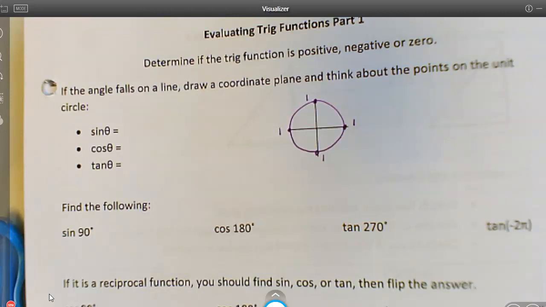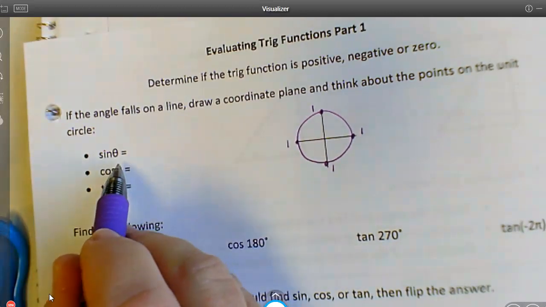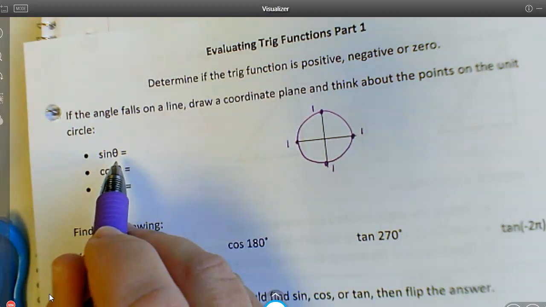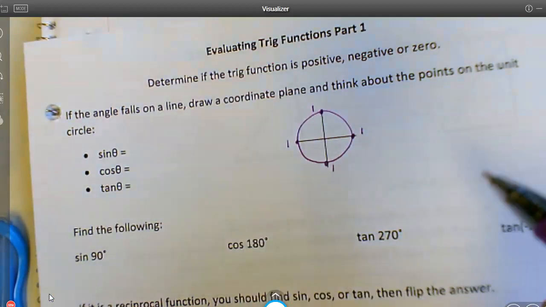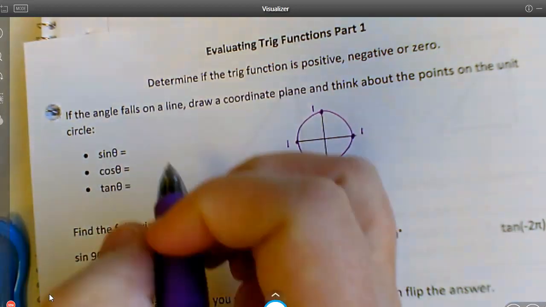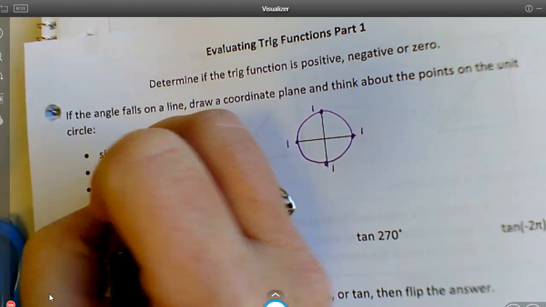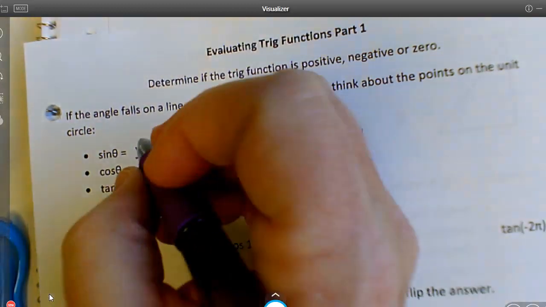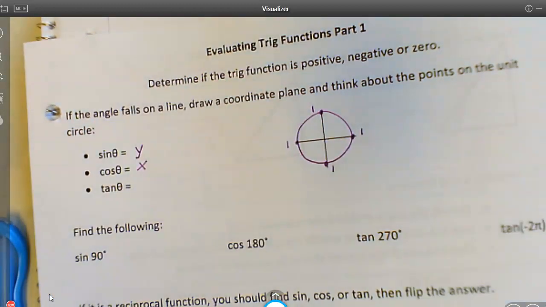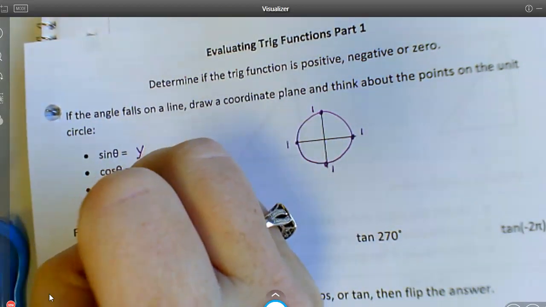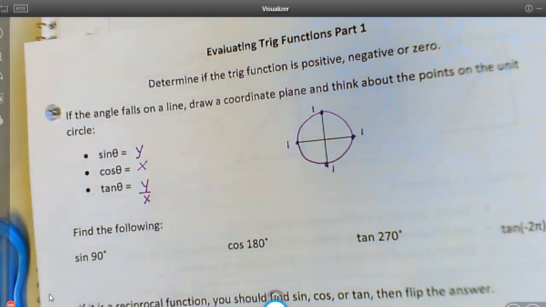What you're going to find out is that if I want the sine of the angle, as long as it falls on the circle, the sine of the angle is the y coordinate, cosine of the angle is the x coordinate, and tangent of the angle is y over x.